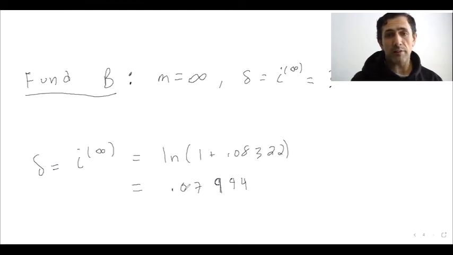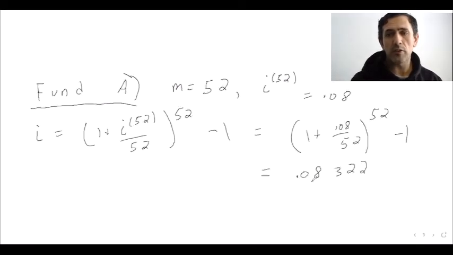Here, I-infinity is 0.07994. For Fund A, the equivalent effective annual interest rate is 0.08322. These are all very close answers.